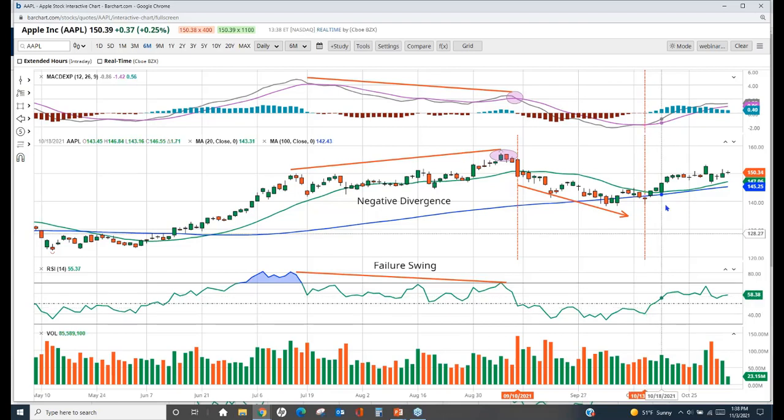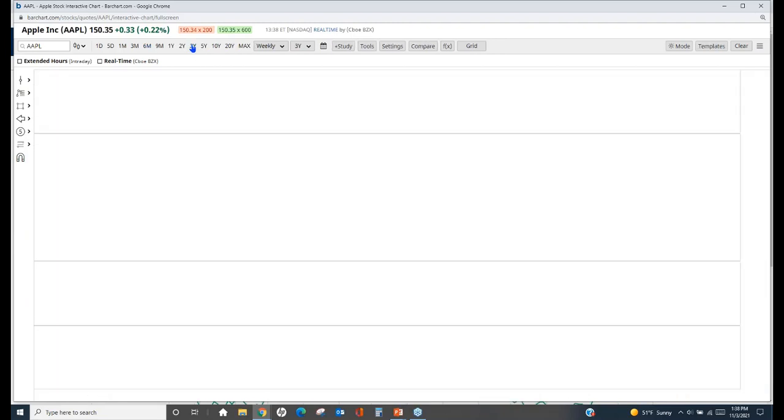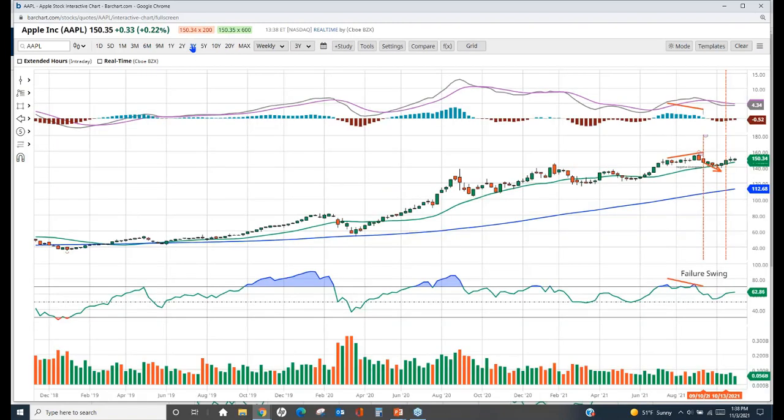We recaptured the moving average, the 20 and 200 day, on some nice volume here, and that is sending our Apple stock back up. Now, again, I might want to look at different time frames on this one, reinforcing what I'm seeing in terms of my trends.